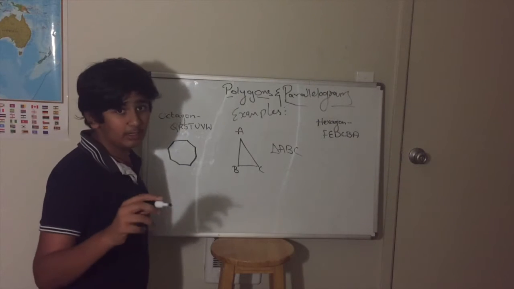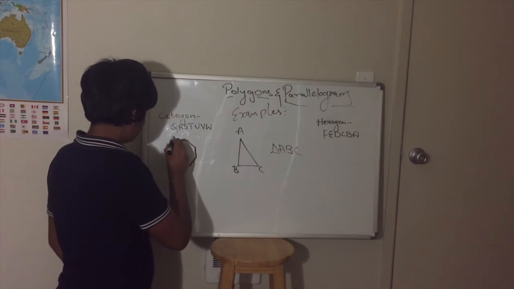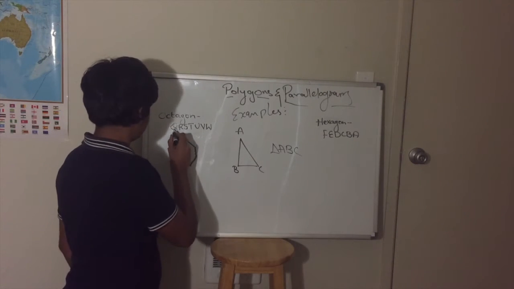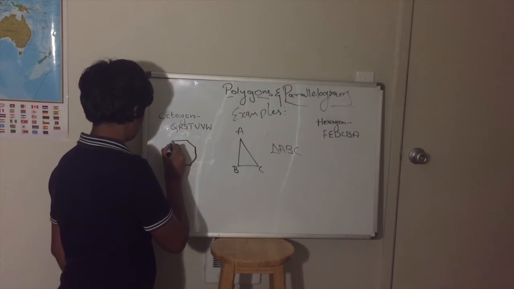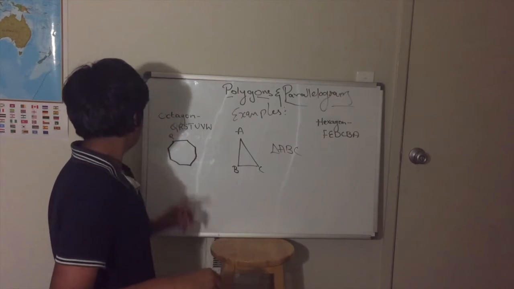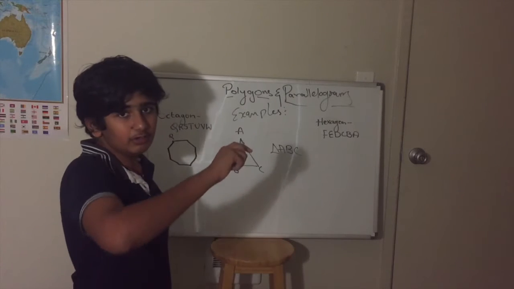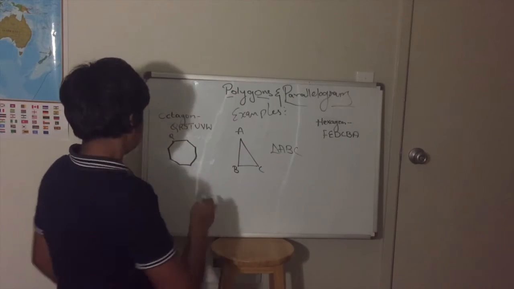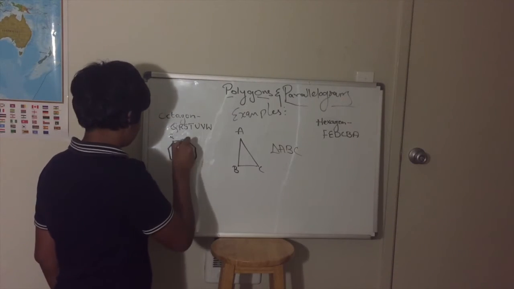Coming to the naming, I'm taking a point somewhere over here and starting with Q. And now comes the trick. You just need to go in one direction. You can't just go Q, R, S, T like that.